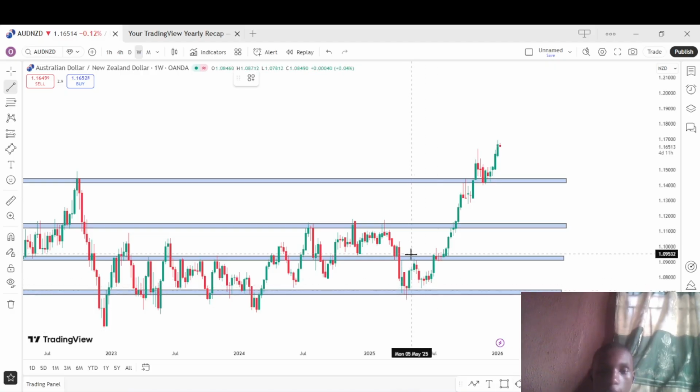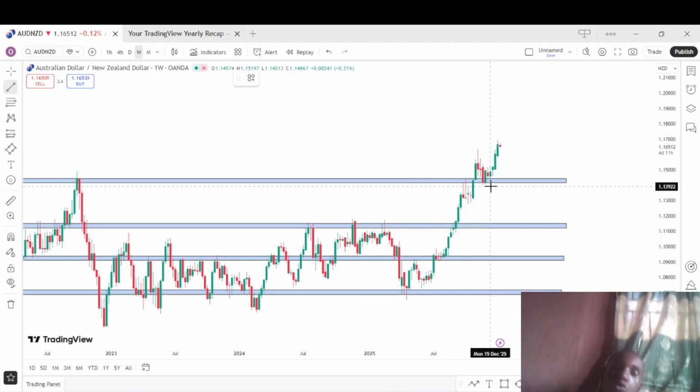Higher high, higher low, higher high, higher low. And what we know about a trend that is making higher highs and higher lows is that it is a bullish trend. So we have the market structure to be a bullish trend making higher highs and higher lows.